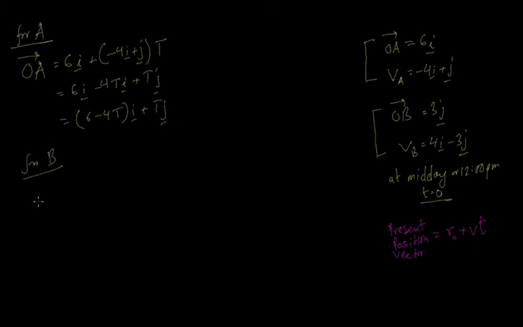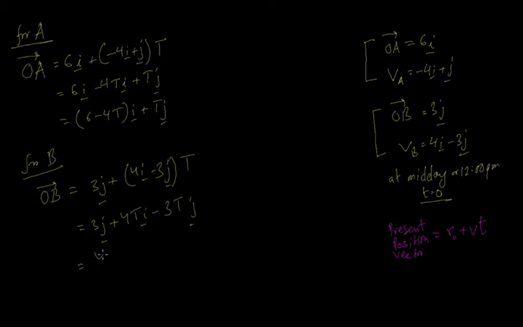For B, the present position vector is going to be the initial position vector 3j plus velocity 4i minus 3j times time t. So this would be 3j plus 4ti minus 3tj.